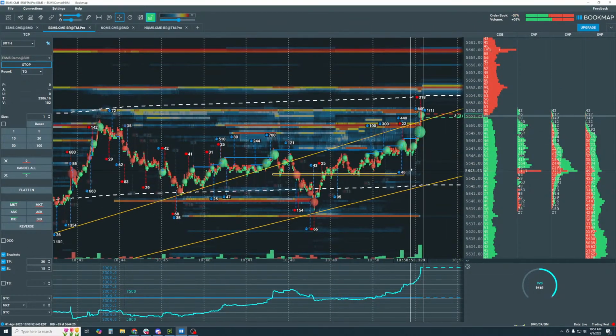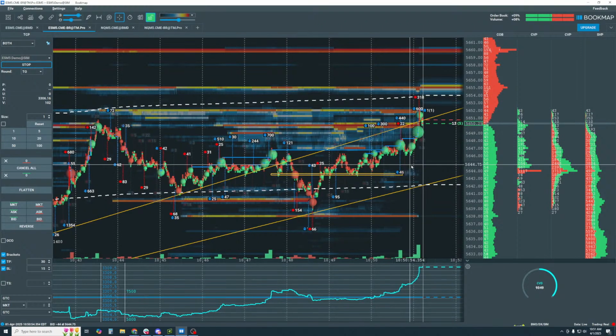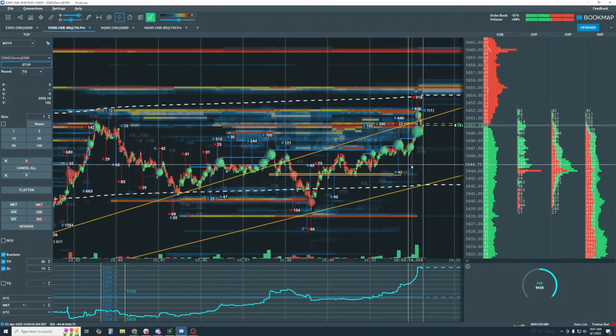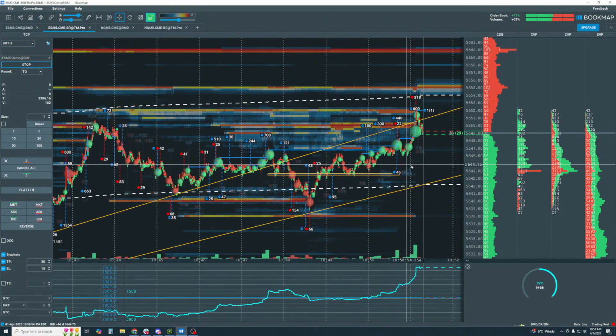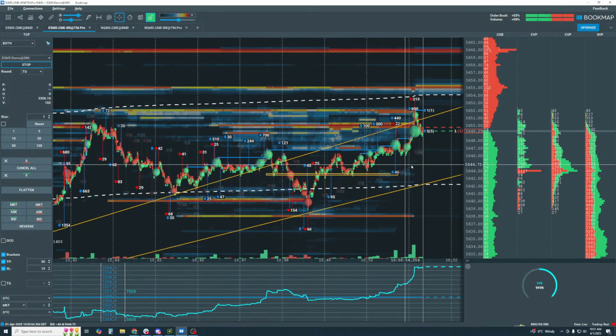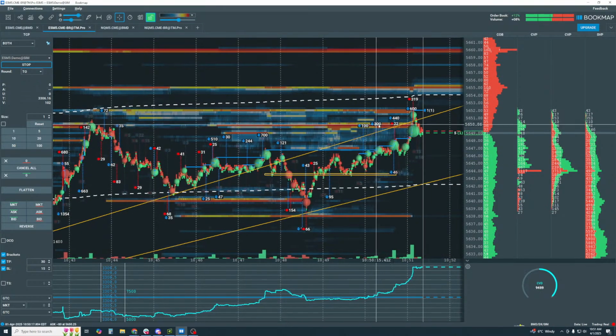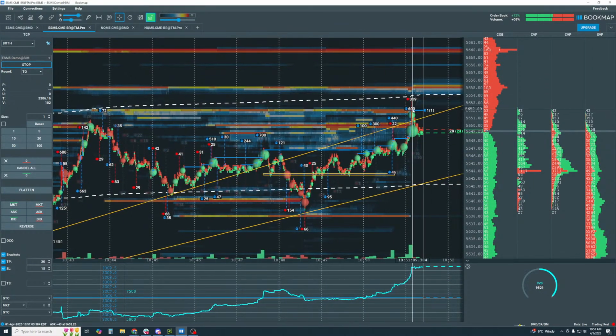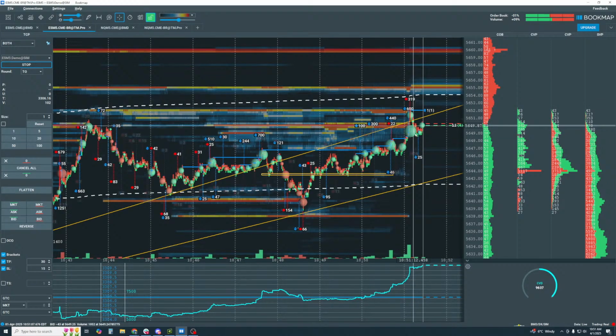Wow, this is pretty interesting price action. Another squeeze there, another stop run. Okay, this time we do have an iceberg, a few icebergs in here, selling and selling here, 600.